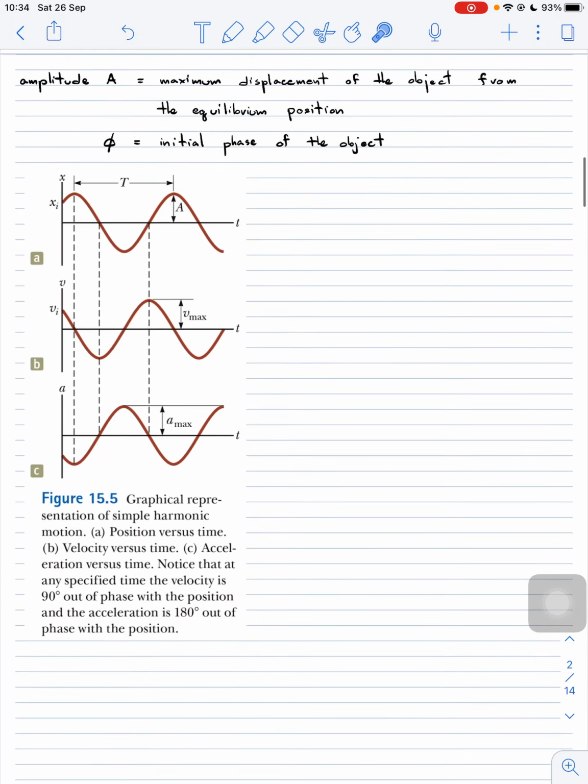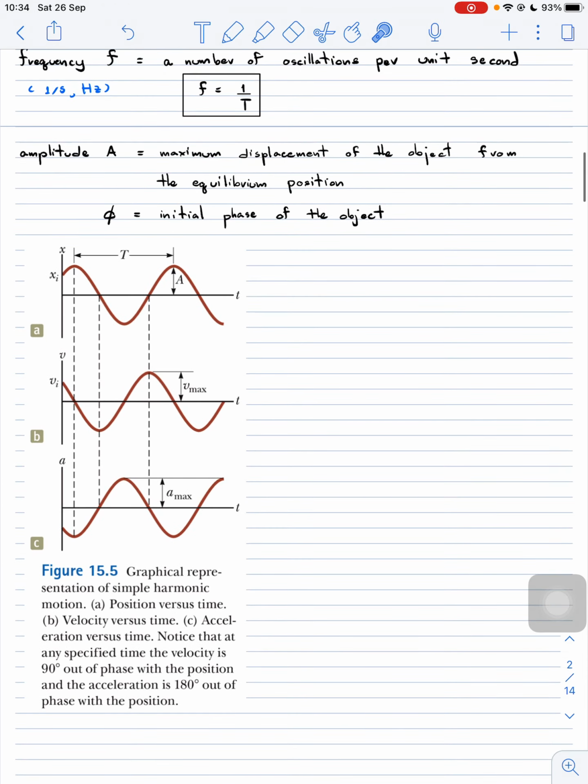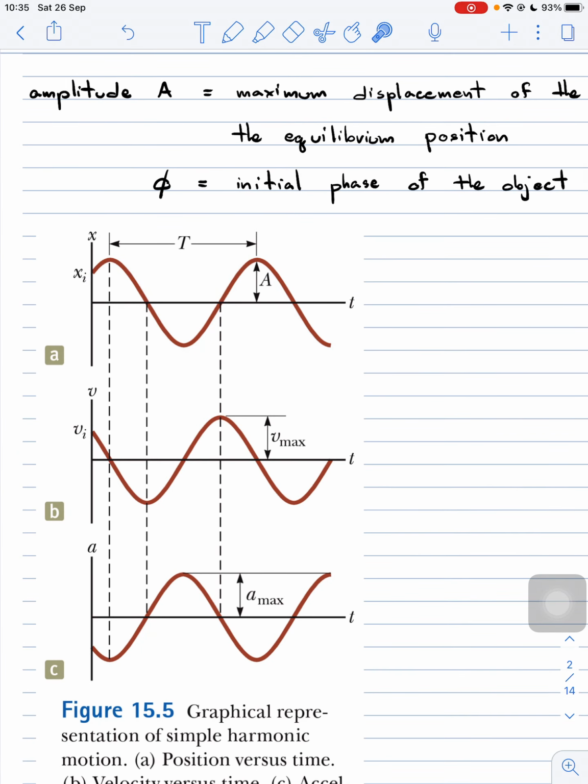Okay, so if we look at the graph, if we draw x to be this curve, the horizontal axis is going to be the time t, and the vertical axis is going to be the position.